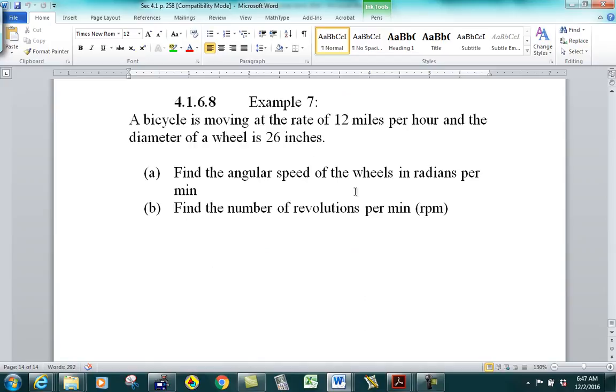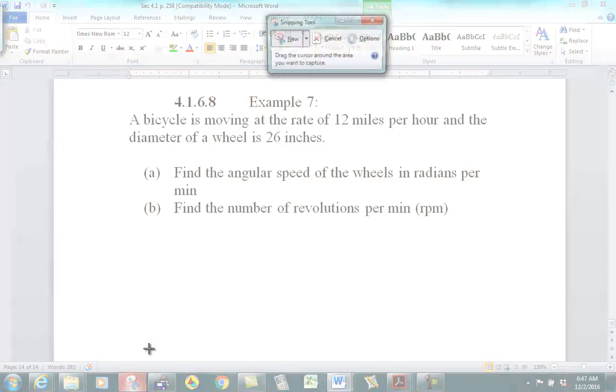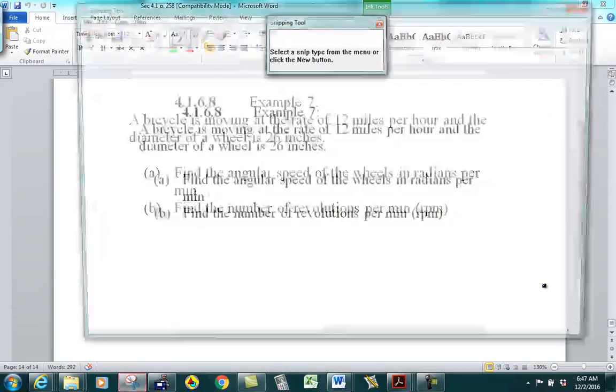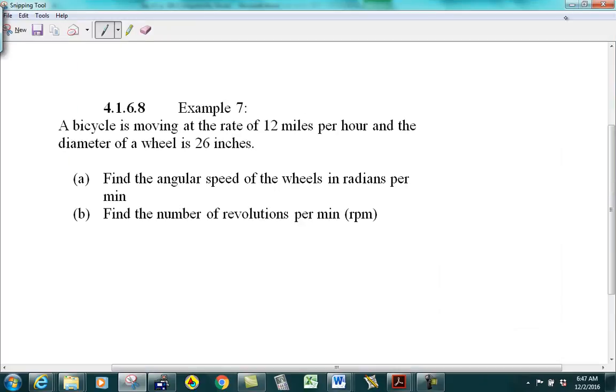So here's a typical example. A bicycle is moving at the rate of 12 miles per hour. So highlight the data that's given to you. And the diameter of the wheel is 26 inches. Well, the first thing you want to do is put down the formula: v equals r times omega. What do you know in here and what don't you know?